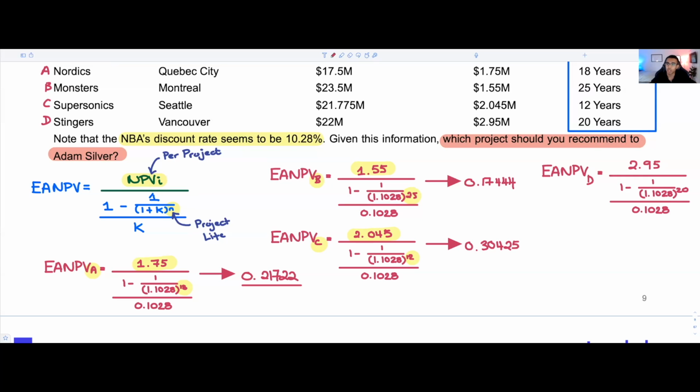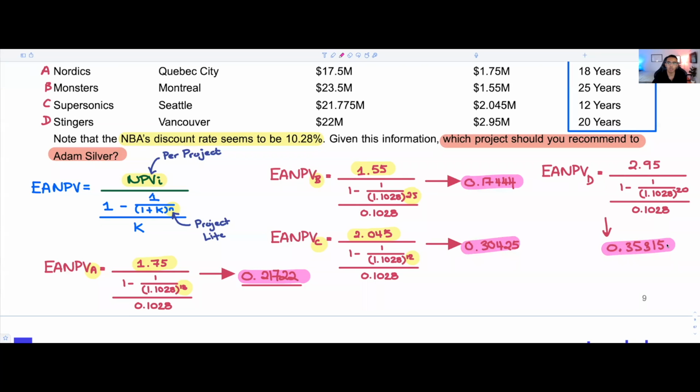And this gives us an interesting amount as well. So this gives us an EANPV of, I guess we could write it here, 0.35315. So if you highlight every single one of these, I guess we'll highlight them in a different color. So 0.17, 0.21, 0.17, 0.30, 0.35.